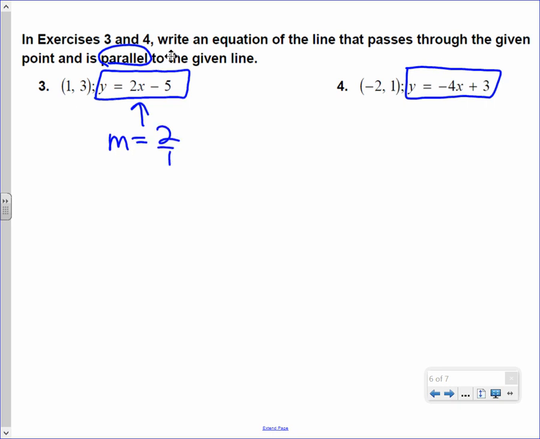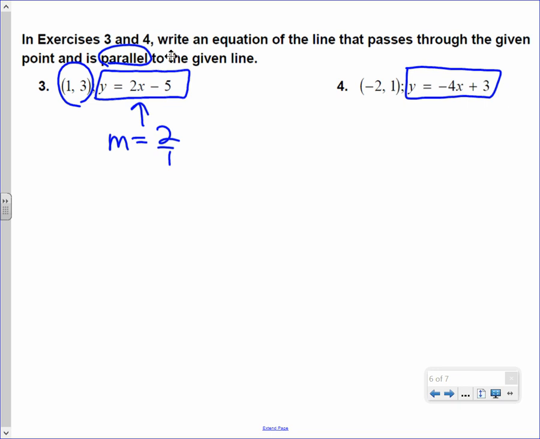So the new line has to have the same slope, a slope of 2, but passes through this point, 1, 3. So how would we go about writing an equation of a line that has a slope of 2, but passes through that point?